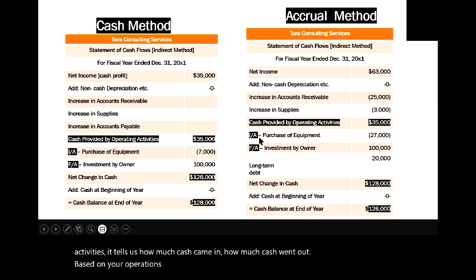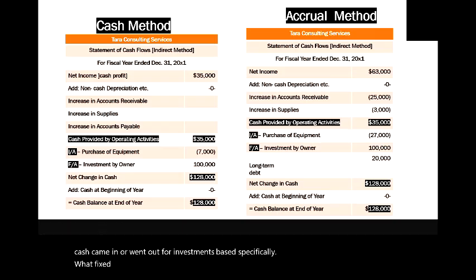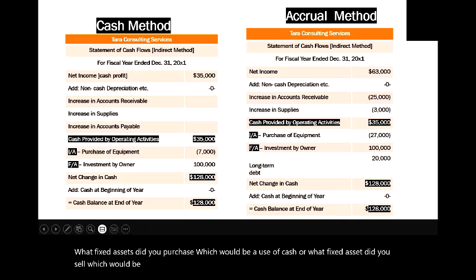Then we have the investing activity section, which tells us how much cash came in or went out for investments. Specifically, what fixed assets did you purchase, which would be a use of cash, or what fixed asset did you sell, which would be a source of cash.